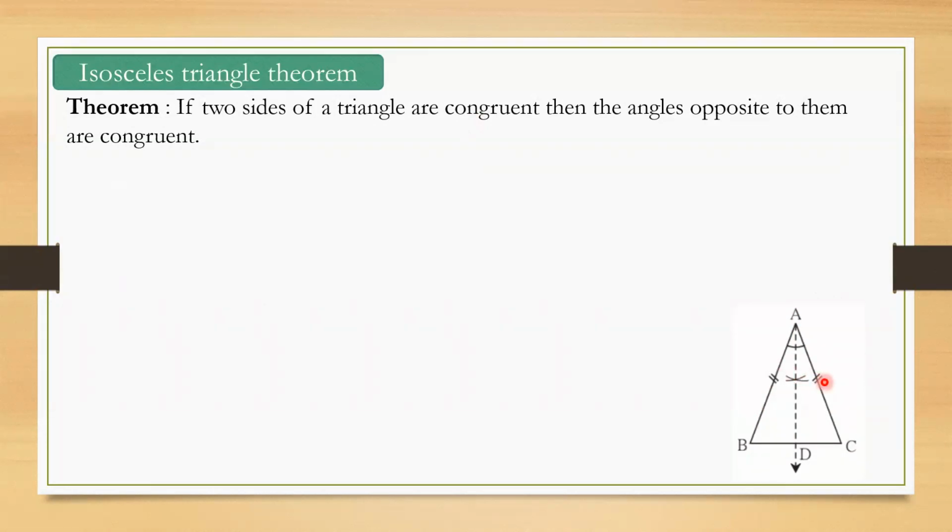So let us see which are the angles opposite to this side. Where will the angle opposite to this side be? So this is the side, and we are going to go in the opposite direction.